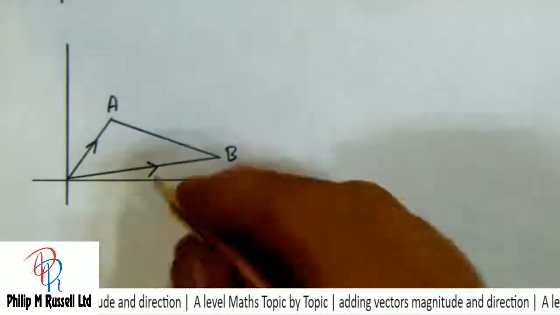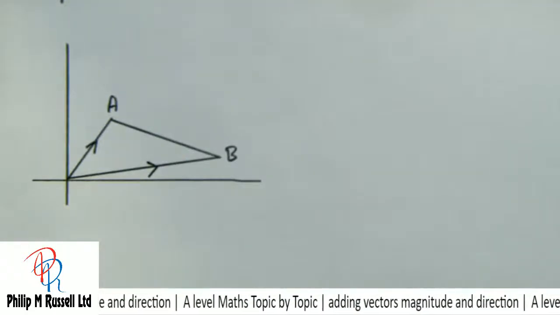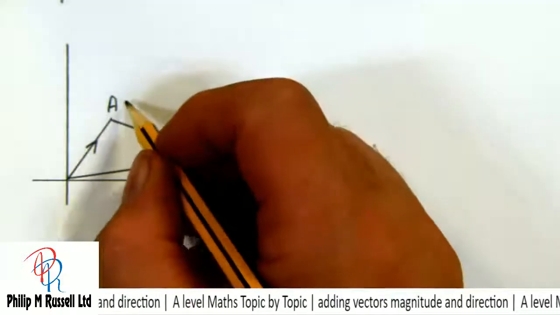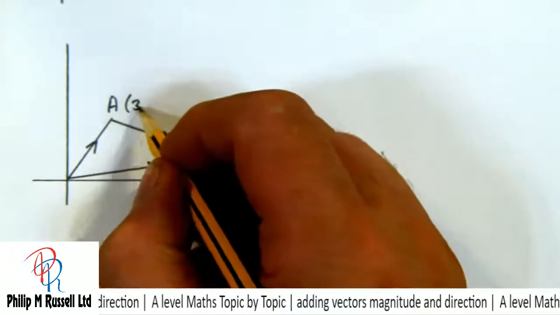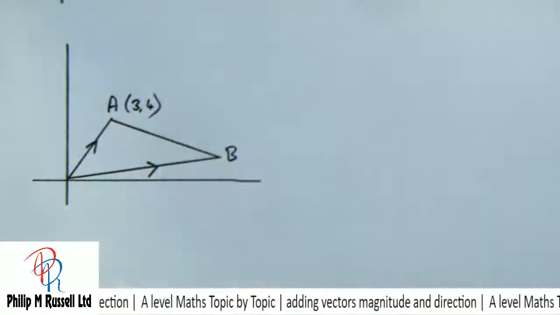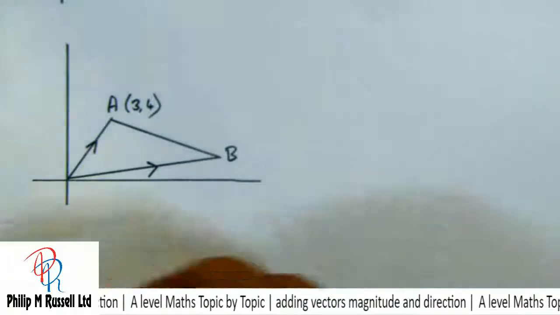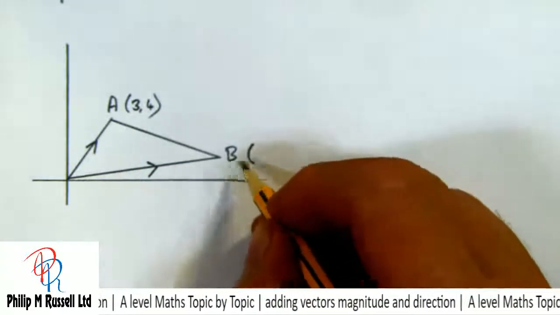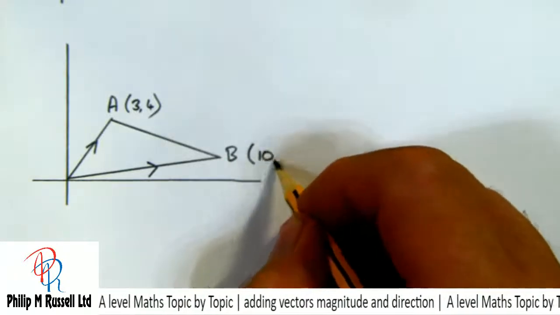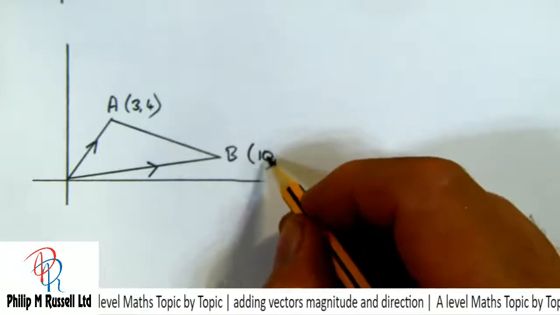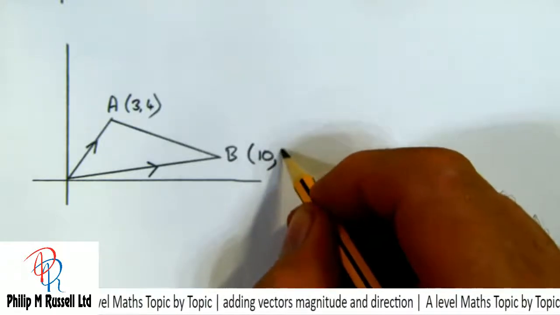So here the points on AB have some coordinates, and we'll give these coordinates of 3 and 4, and this one is going to be somewhere like about 10 and probably up 1, I suppose.